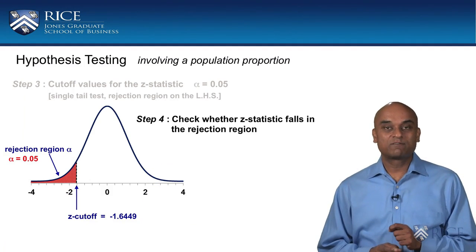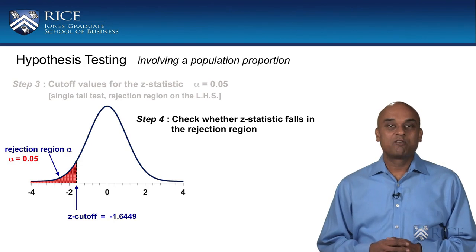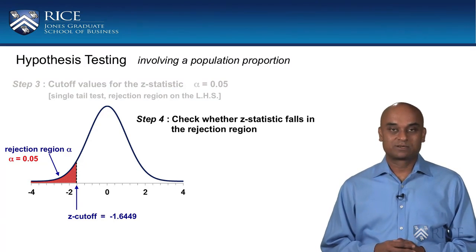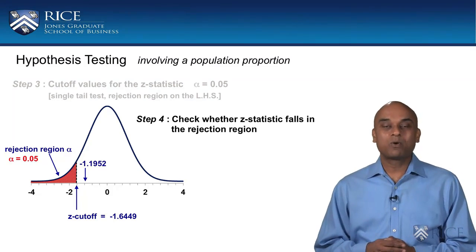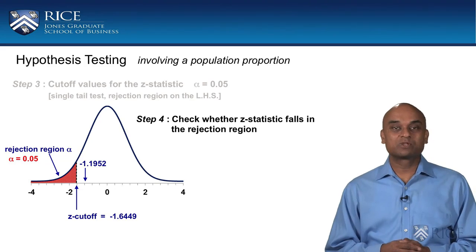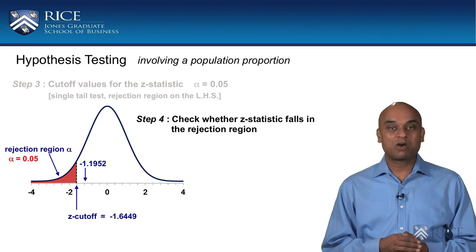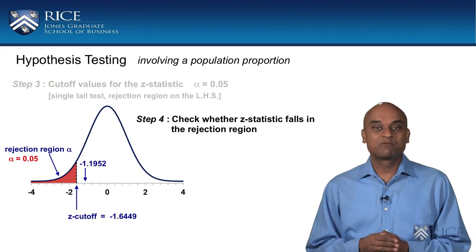Step 4, the final step, is to check whether the z statistic falls in the rejection region. Our z statistic is negative 1.1952 and the rejection region is to the left of the cutoff value negative 1.6449.